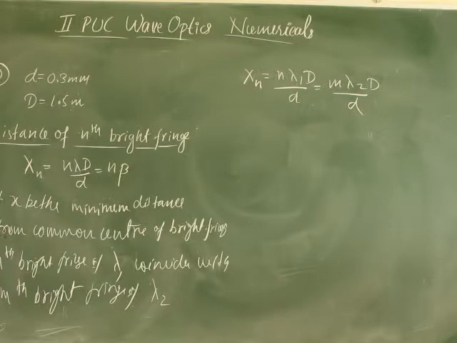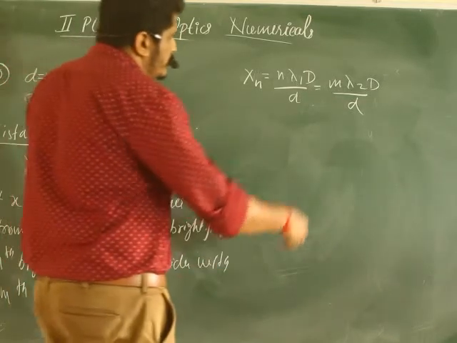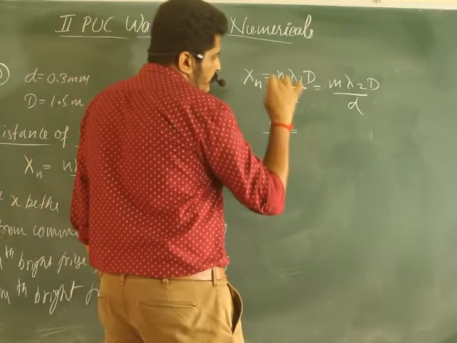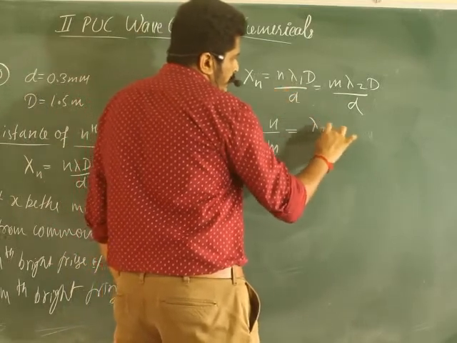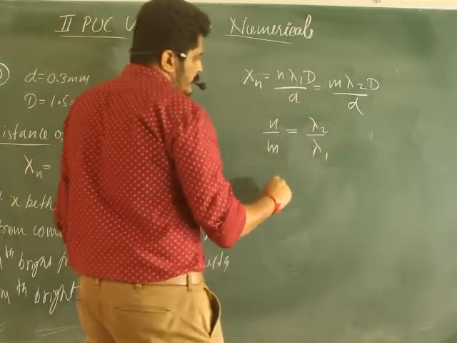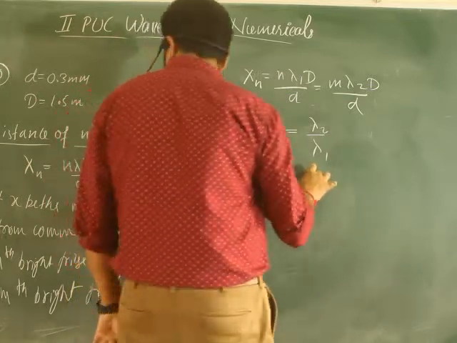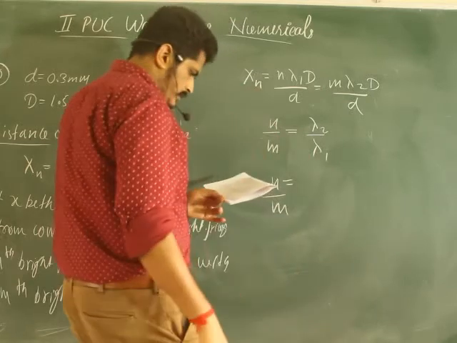Lambda 1, lambda 2 are for different wavelengths. Now I will try taking the ratios. n by m equals lambda 2 by lambda 1, because lambda 1 and lambda 2 we know.